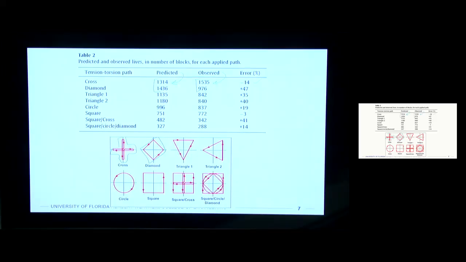As they go more extreme in loading, the number of blocks in the lifetime of these specimens went down. So triangle 1, triangle 2, circle, square, etc., down to that super combined loading, where they predicted it would last only 327 blocks, and it lasted 288.